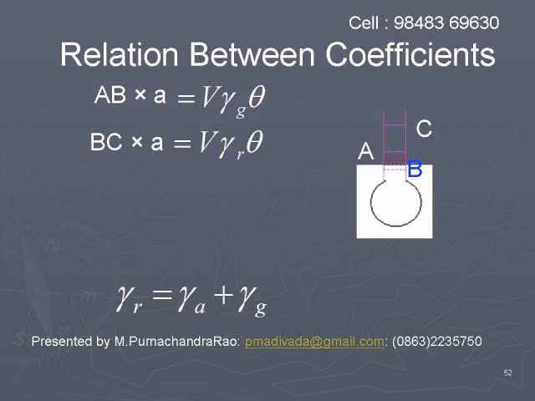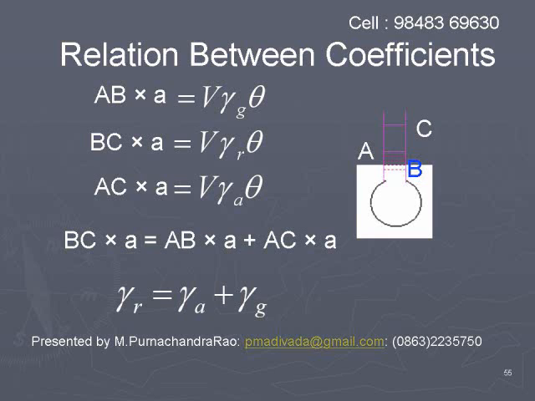The apparent increase in volume, AC into A, is equal to capital V into gamma a into theta. We have the relation between the expansions as BC into A is equal to AB into A plus AC into A.